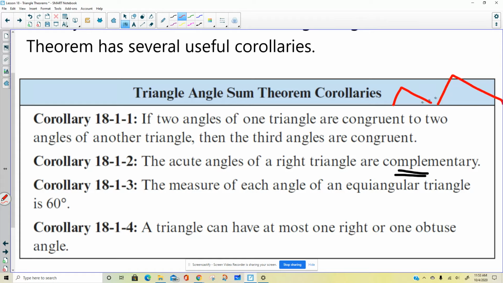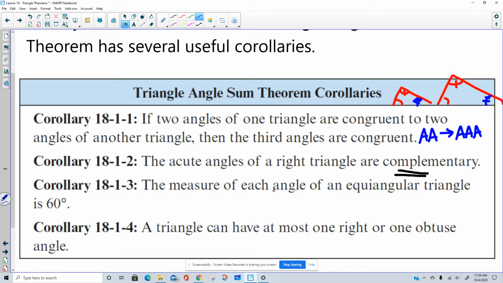So talking about similar triangles, if we have 2 angles congruent, then we know that that third angle must be congruent as well. In Algebra 2, I don't know if you guys remember this, this was when we said 2 angles congruent means 3 angles congruent. AA means AAA.